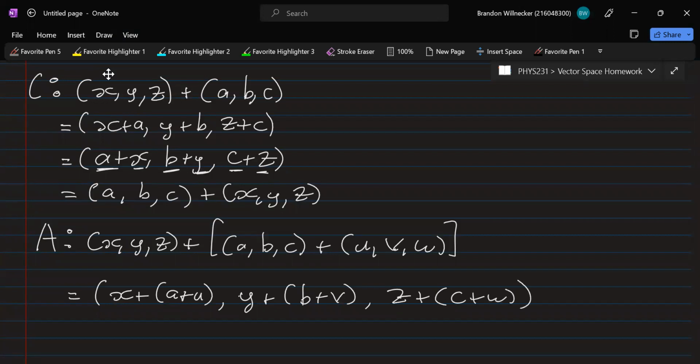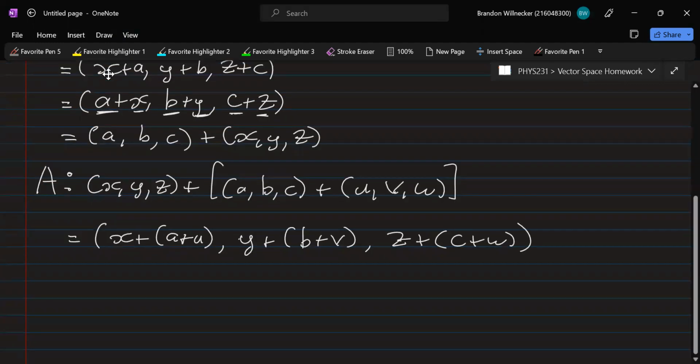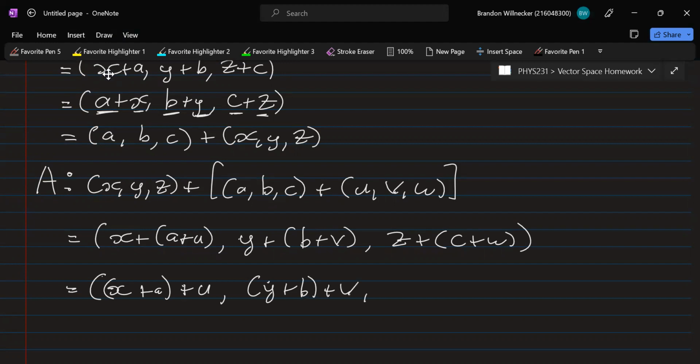Now this addition inside the tuple, again, that's from R, which means it's associative. So the inner brackets can be shifted around. So we can do that. So this becomes, in brackets, x plus a plus u, y plus b plus v, z plus c plus w.